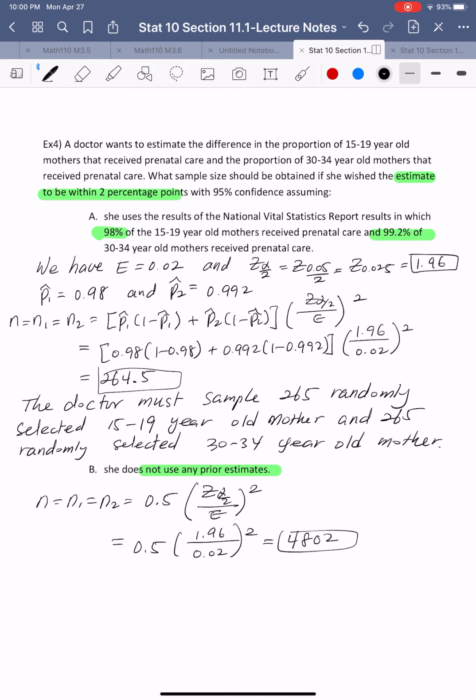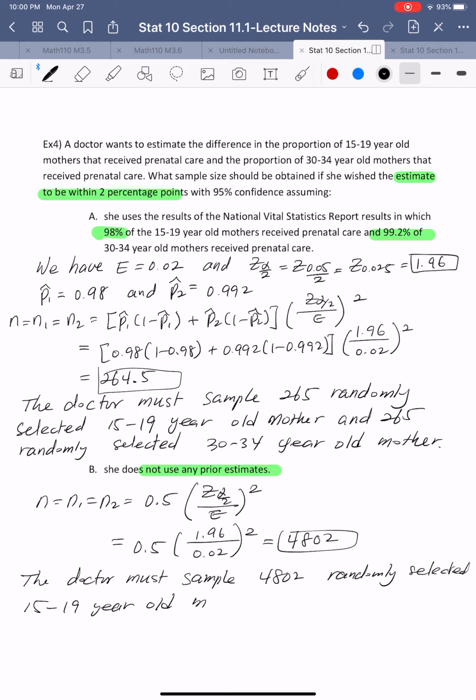So which means this time the doctor must sample 4,802 randomly selected 15 to 19-year-old mothers, and also another 4,802 randomly selected 30 to 34-year-old mothers.